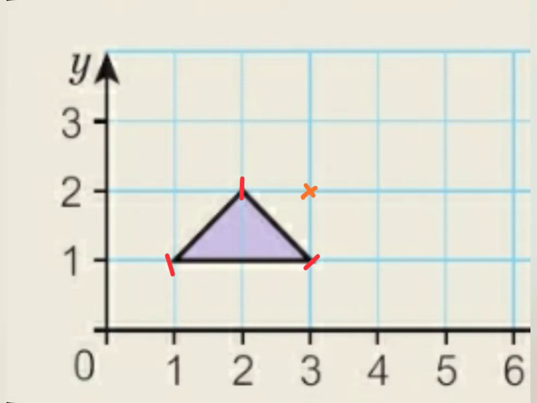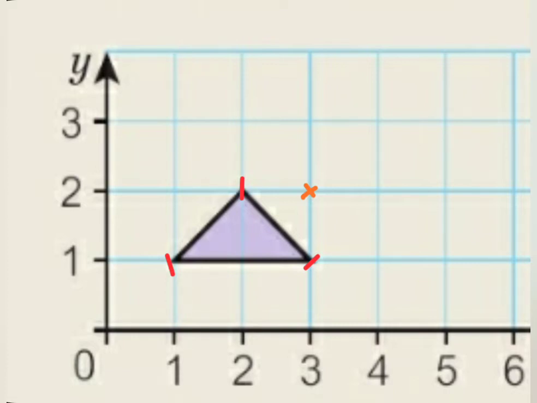After multiplying it by the scale factor, if the scale factor is positive, we measure the same distance from the center of enlargement and we continue to the new point going through the old point. But with a negative scale factor, we don't do that. We go to the opposite direction.